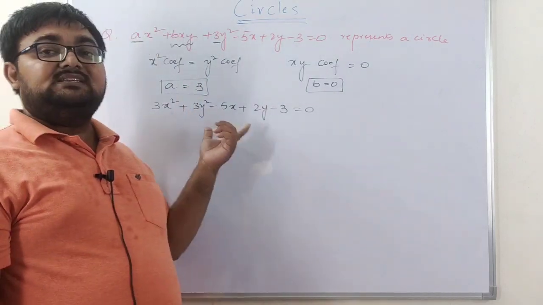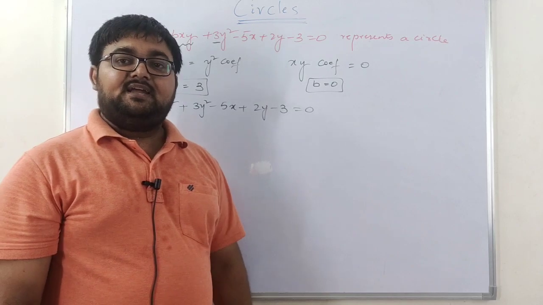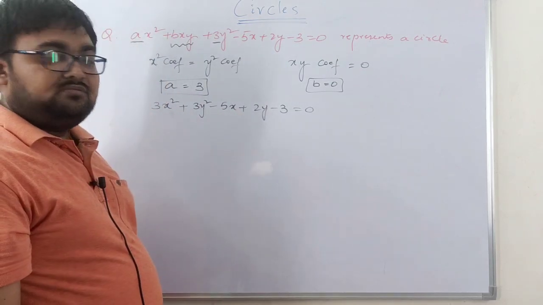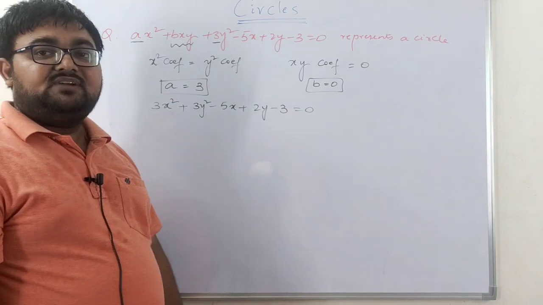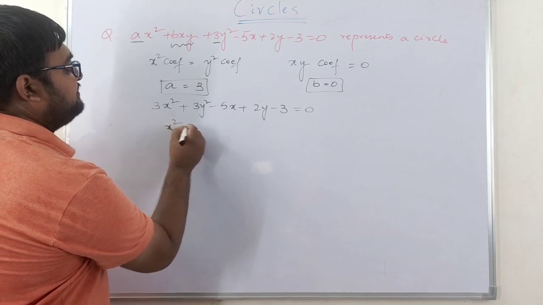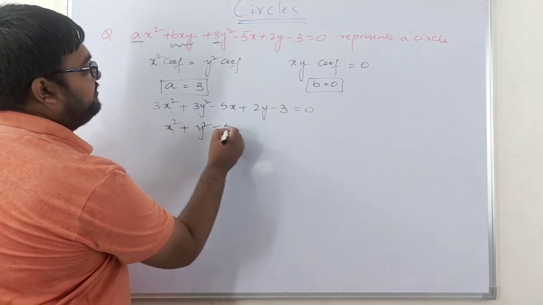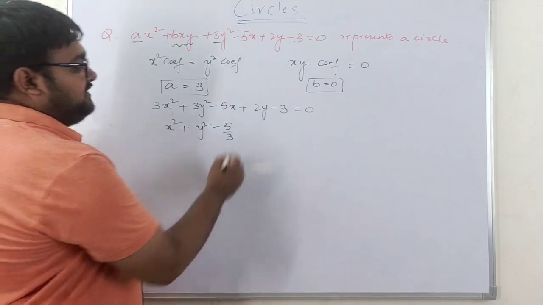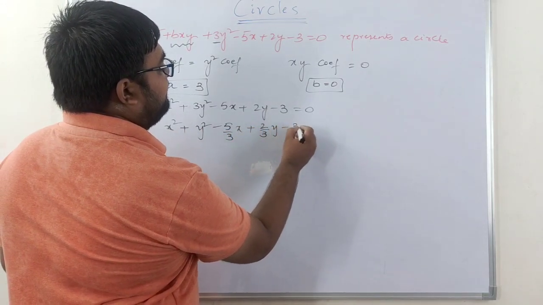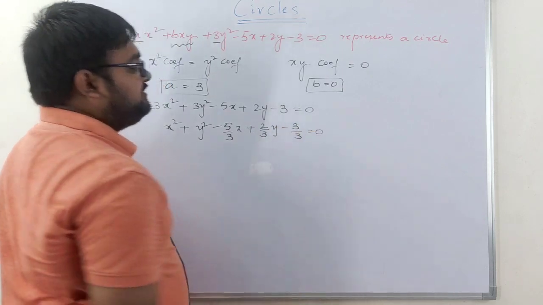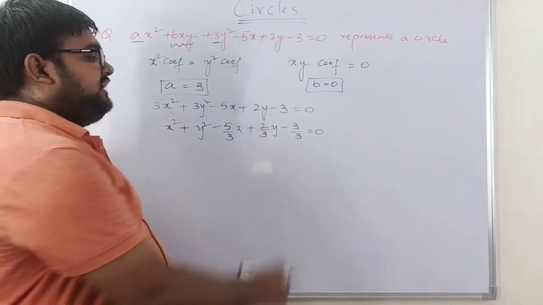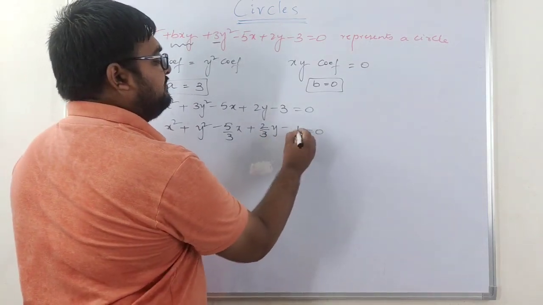If the equation of the circle is given, how do we find the center as well as the radius? First of all, we need to make the x square and y square coefficients 1. For that we need to divide the entire equation by 3. Then what am I going to have? x square plus y square minus 5 by 3 x plus 2 by 3 y minus 3 by 3 is equal to 0. So 3 by 3 is nothing but 1, so I can replace 3 by 3 with 1.